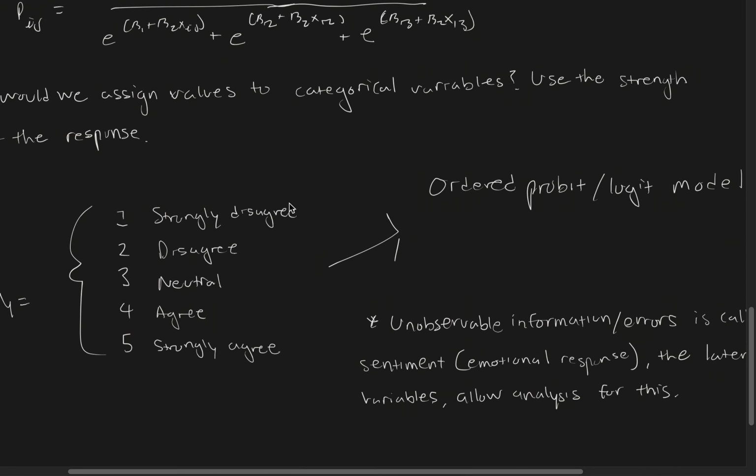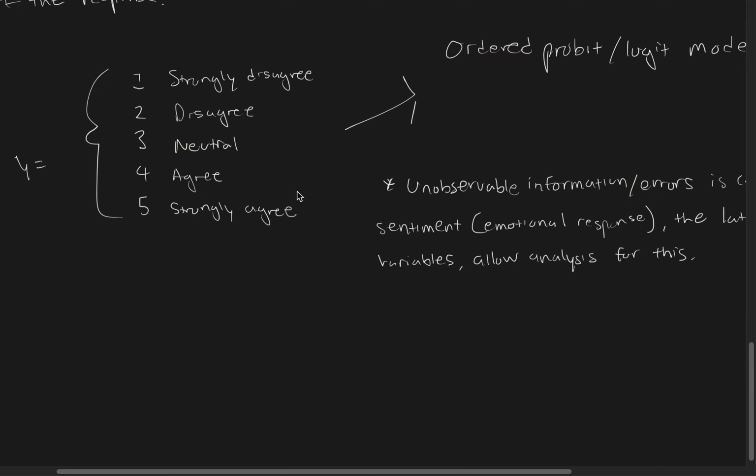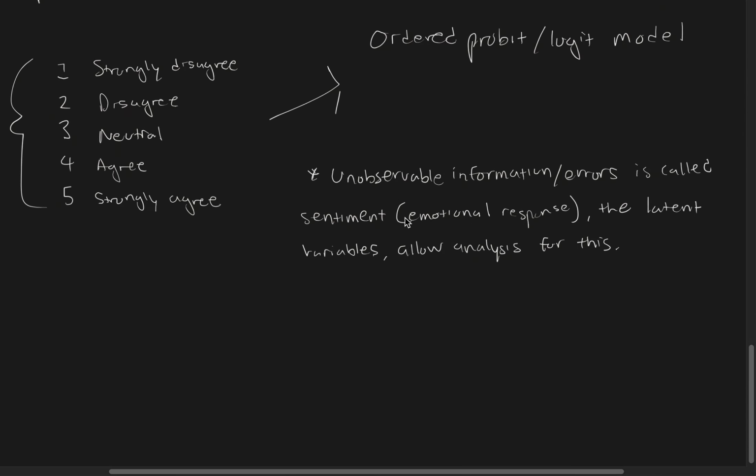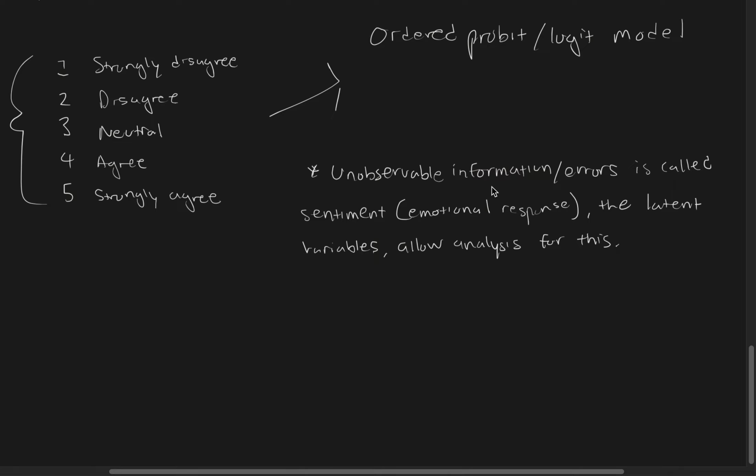Obviously, just like every other type of regression, we have errors to account for, what we call the unobserved information errors.